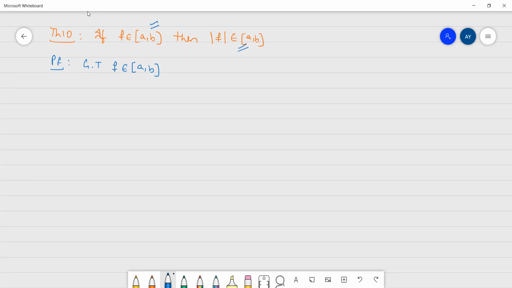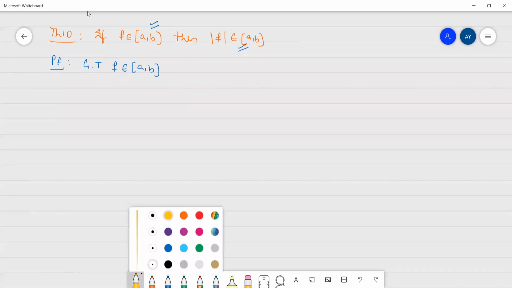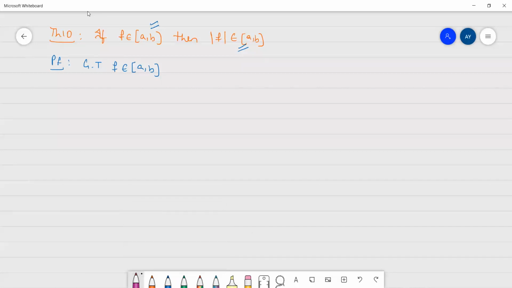To prove this, we have to make use of the definition. For all epsilon greater than 0, there exists a partition such that, by Riemann integrability, U(P,f) minus L(P,f) is strictly less than epsilon. Let this be 1.